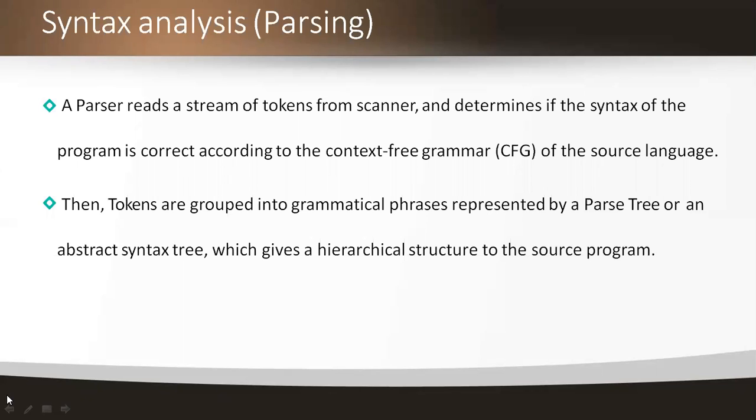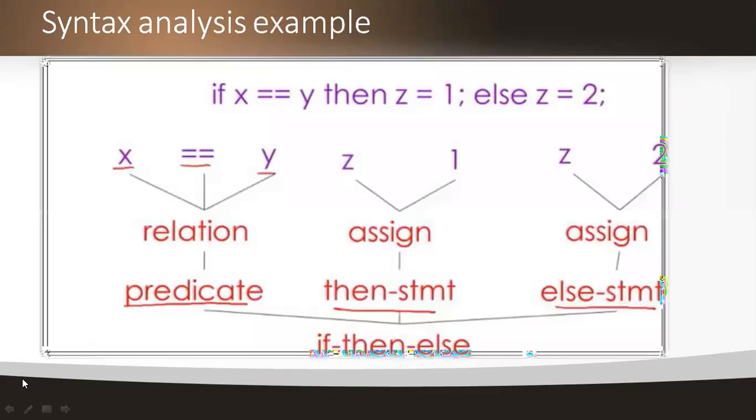Syntax analysis. See, here we have an example of how to divide the statement. For example, if you have an if-then-else statement like this: if x is equal to y, then z is equal to 1, else z is equal to 2. Here x is equal to y comes under a predicate statement, and z is equal to 1 is an assignment.